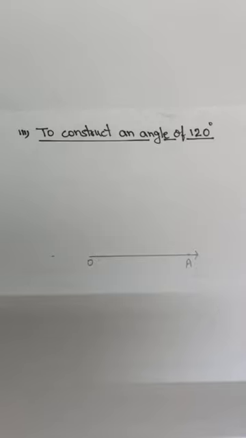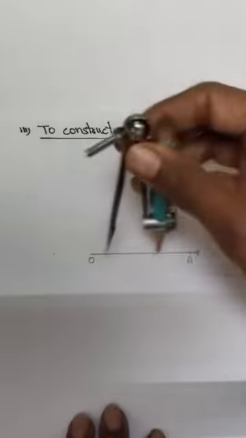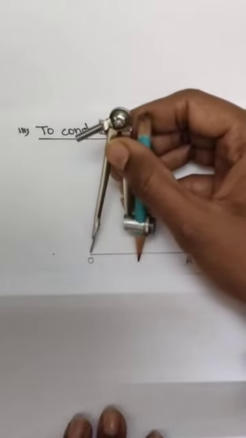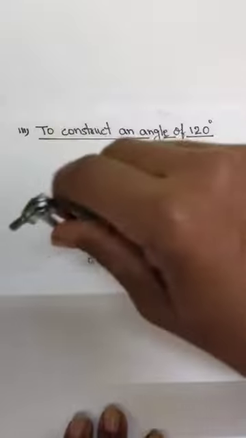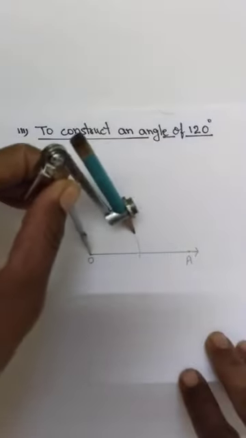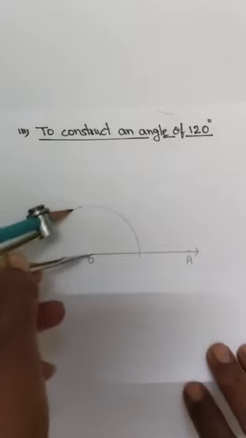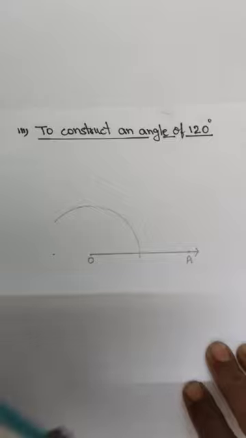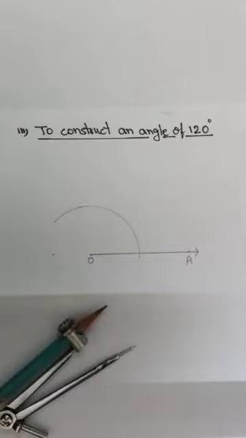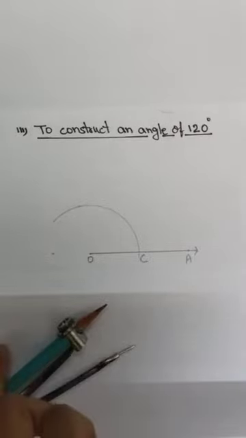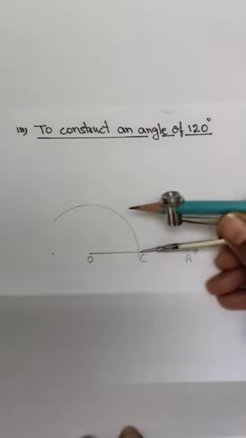Now with O as a center and any suitable radius, draw an arc to cut OA at point C. Draw a big arc to cut OA at C. With C as a center and taking same radius, don't change your compass setting.